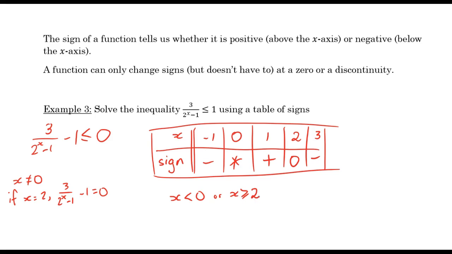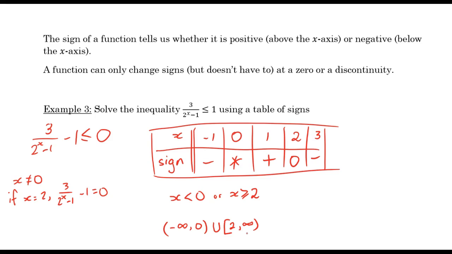In bracket interval notation, negative infinity to 0, not including 0, we'll put the little union symbol here, and a square bracket, because we're going to include 2, up to infinity, and a round bracket there.